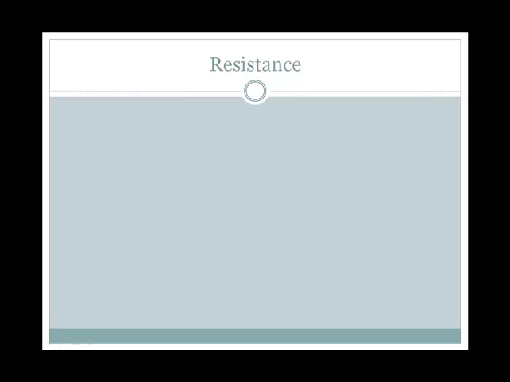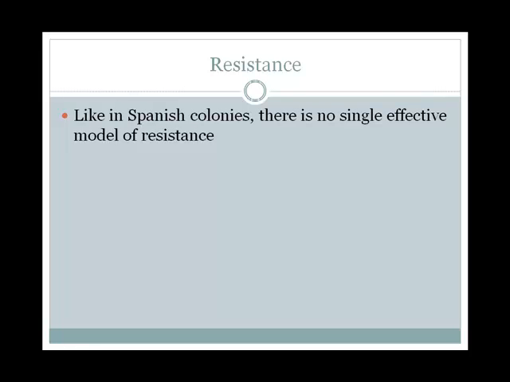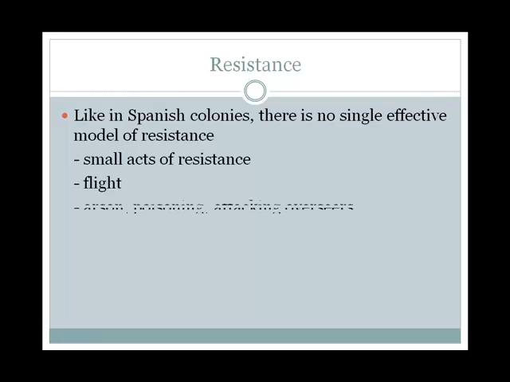Now, in terms of resistance, like in the Spanish colonies, there's no single effective model of resistance. Among slaves, they used a variety of strategies for resisting slavery. There were small acts of resistance like faking illness, slowing down labor, flight or escape, sometimes permanent, sometimes just temporary to get away from a situation for a while.